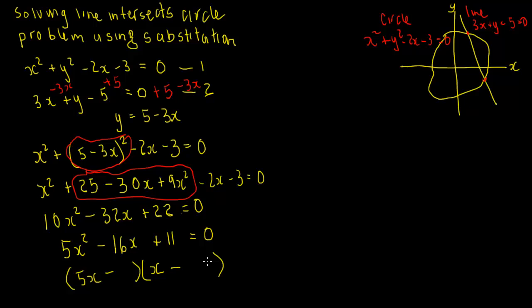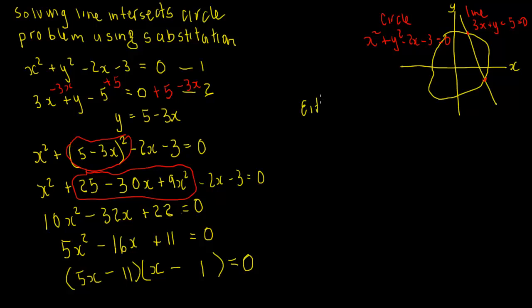So I think we're going to have the 1 in here and the 11 in here, so that when we go minus 11x minus 5x gives us the minus 16x. So that was relatively easily solved.